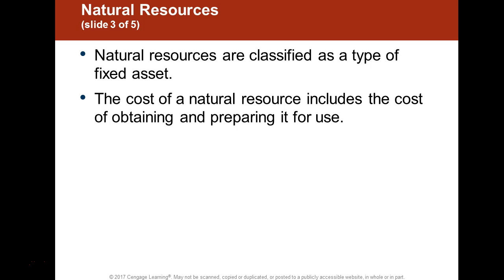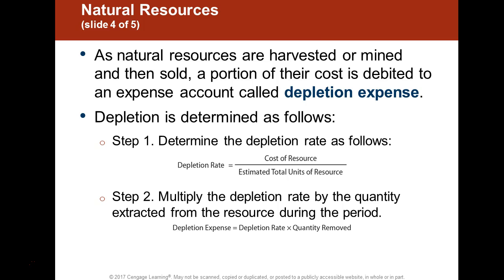It's going to be used up, and we're going to record it, again, the same as we would any other units of production type. The cost of the resource, how much did you pay for it, and how much are you going to extract. That's going to be your depletion rate, which will not change throughout the life of that asset.